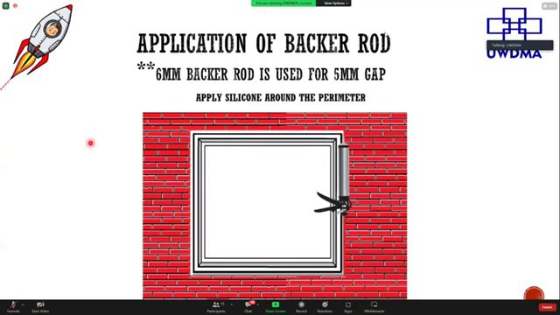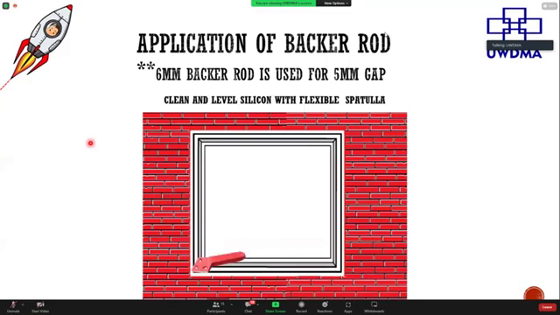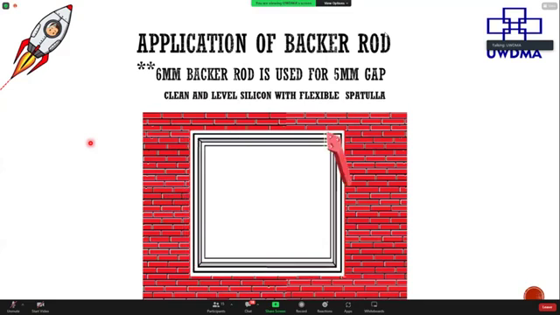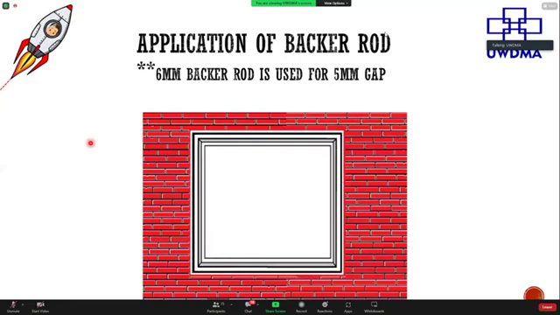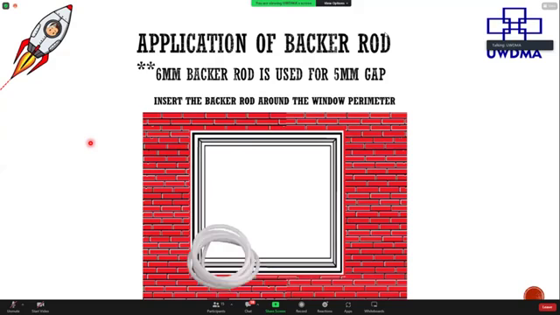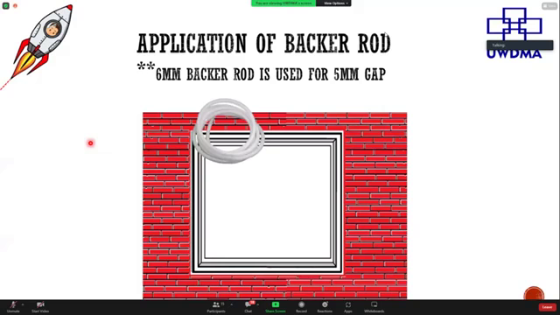If the gap is 5 mm, you will be using a backer rod of 6 mm, because it's kind of squeezy. When you insert it, it will compress, so we need to give it some space so that it compresses itself. That's only it will give you perfect sealing.